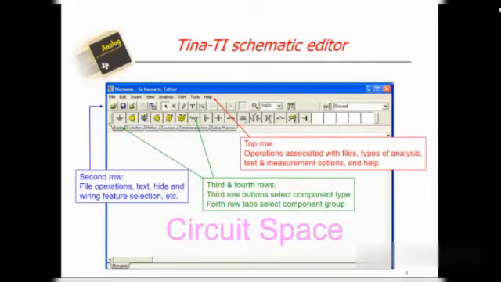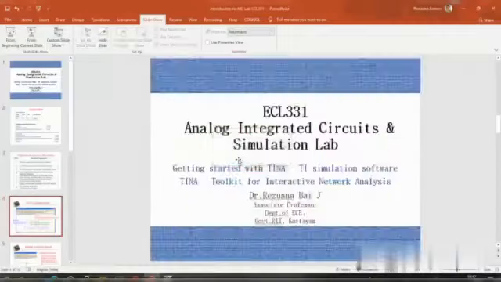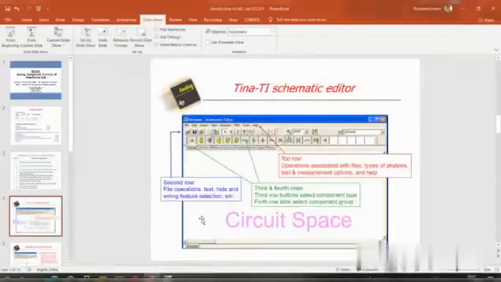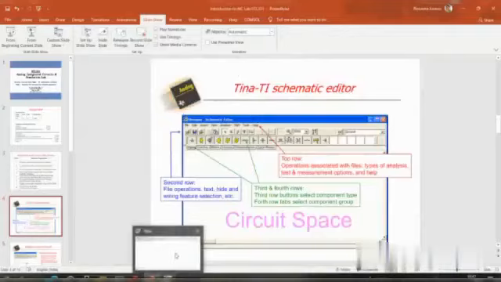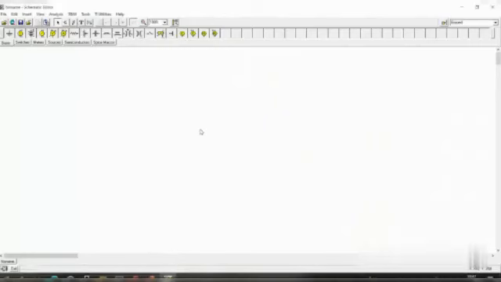I can show that here. If I click on this one, you can see this is in the no-name schematic editor. I have just opened it with the shortcut icon.